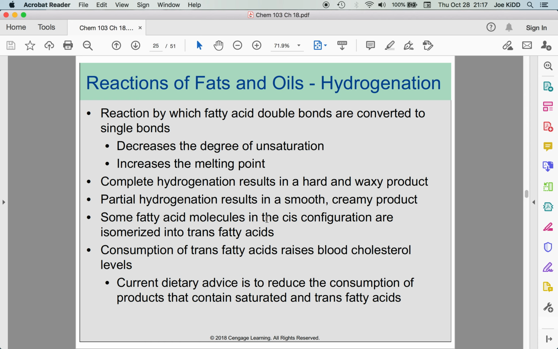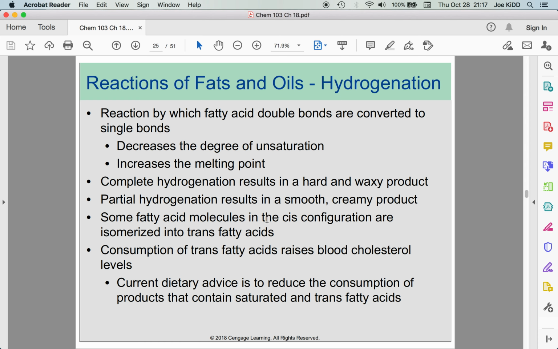When doing this process, if we're breaking apart double bonds and resaturating them, we would be doing hydrogenation. Hydrogenation is the process of adding hydrogens across that double bond in the alkene. If you push too hard and you hydrogenate too much, you will end up with a very hard, waxy product.